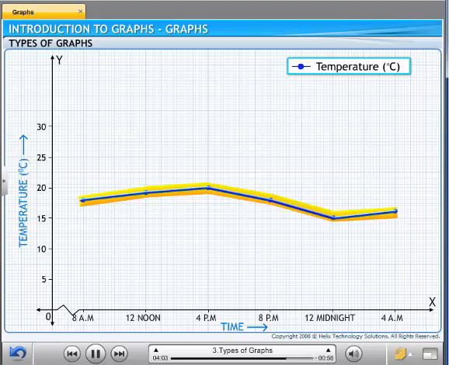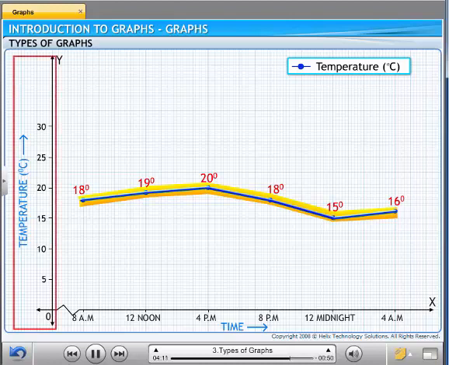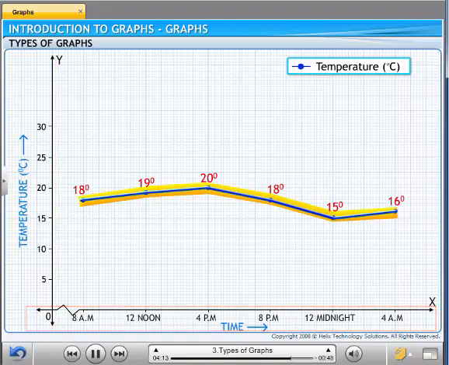The graph on the screen shows how the temperature in a city varies over 24 hours. Here, the two quantities are temperature and time of the day. Notice that the line graph has been drawn using 6 temperature readings, recorded at 8 a.m., 12 noon, 4 p.m., and so on.